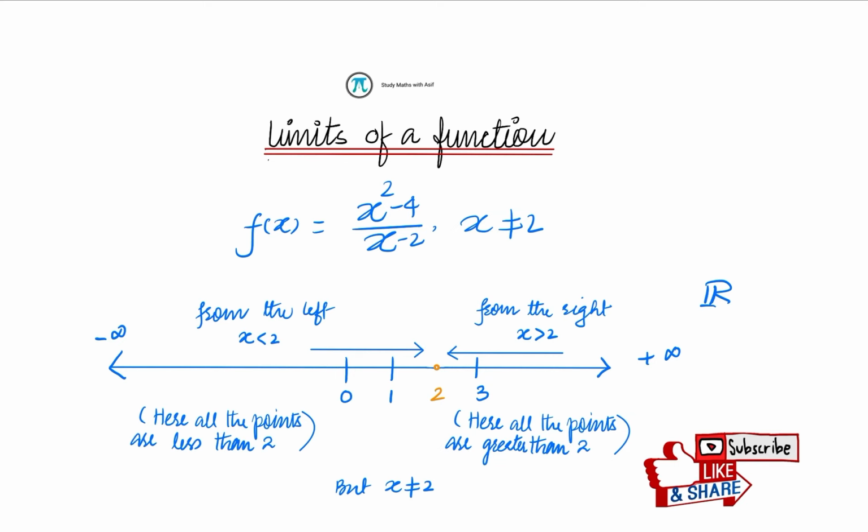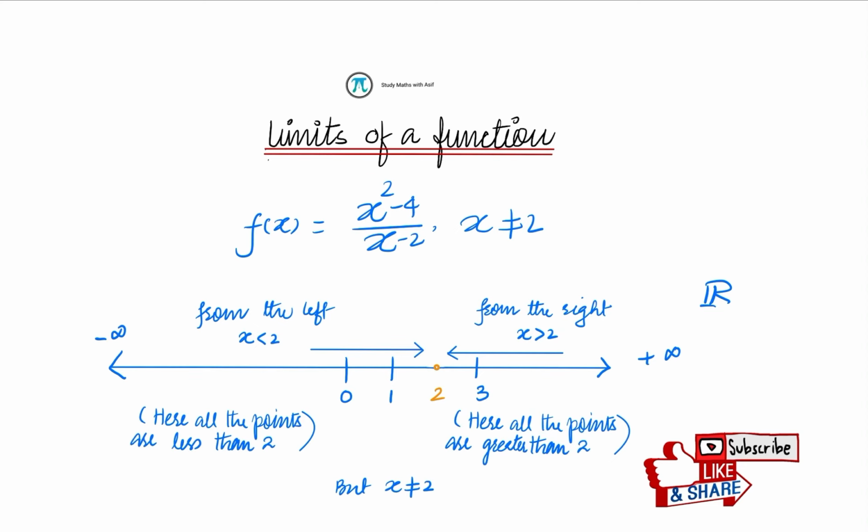Okay, let's move on. Now it's clear that this function is defined everywhere on the set of real numbers except the point 2. That means for all values of x which are less than 2 or greater than 2, the function is defined, right?